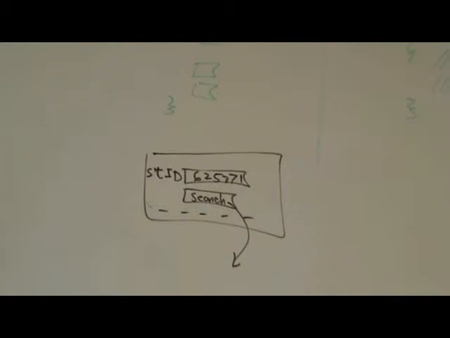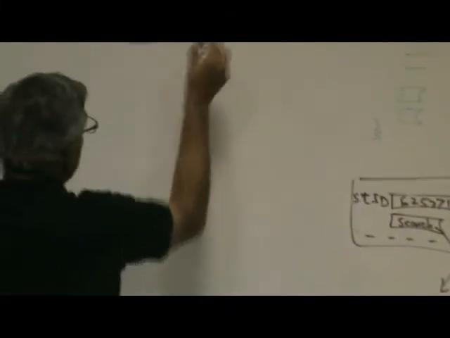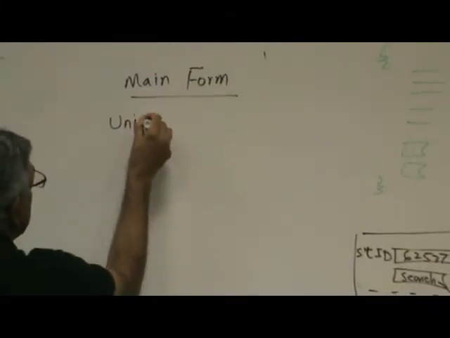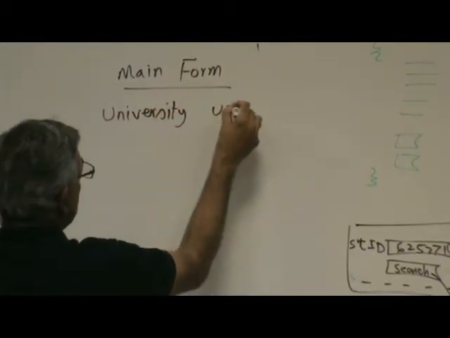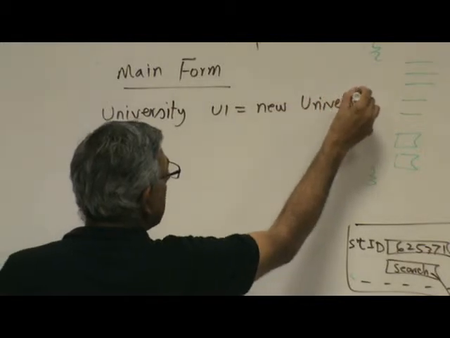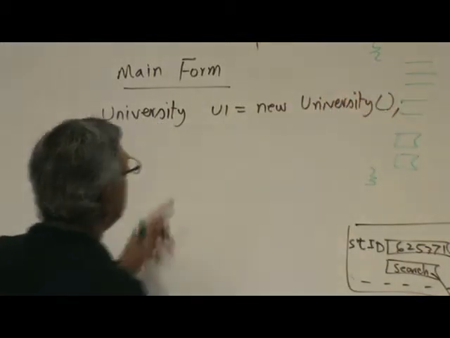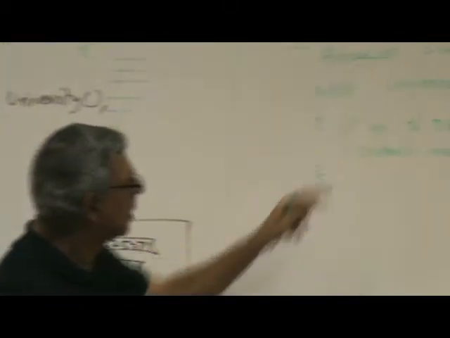Suppose, in our main form, we have already created University u1 equal to new University. As soon as the constructor is called, what will happen? This will populate the ArrayList with 5,000 students, right?